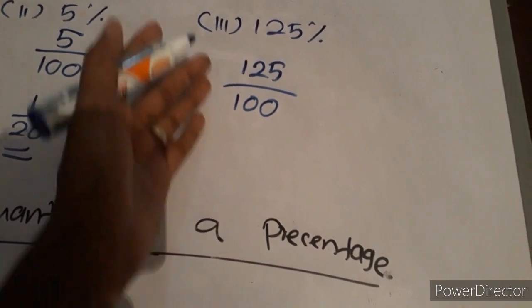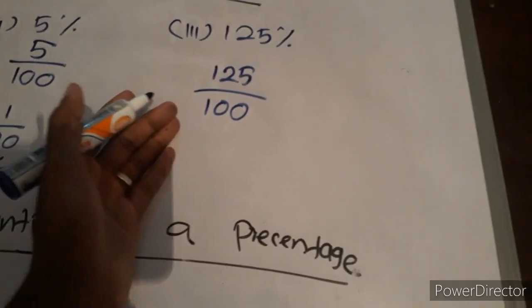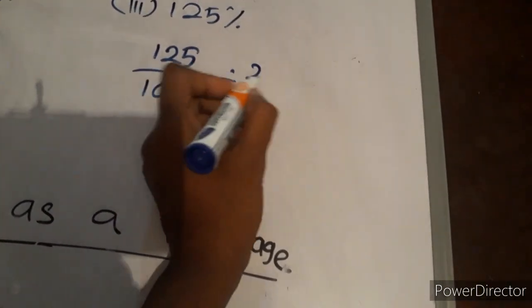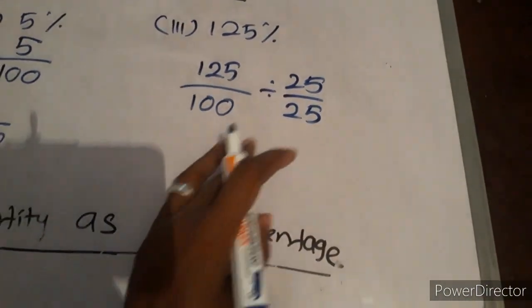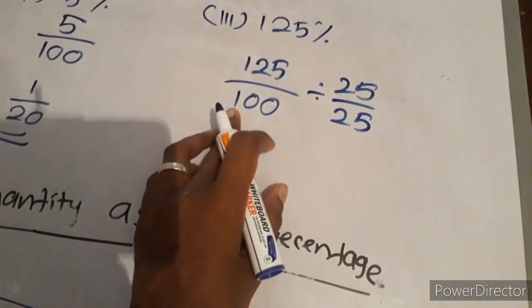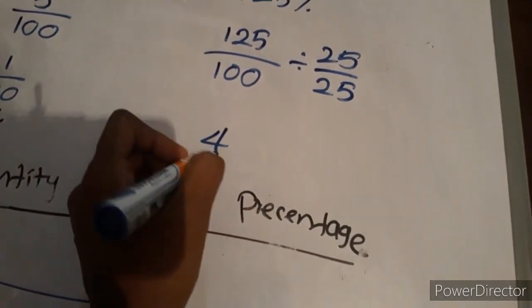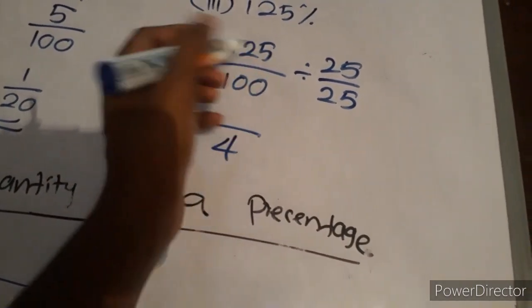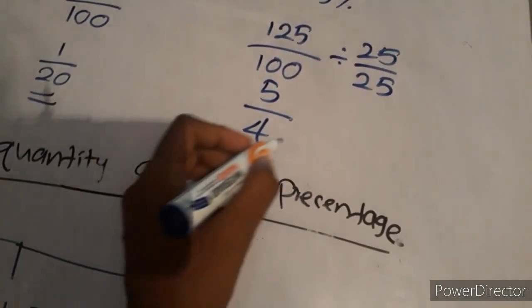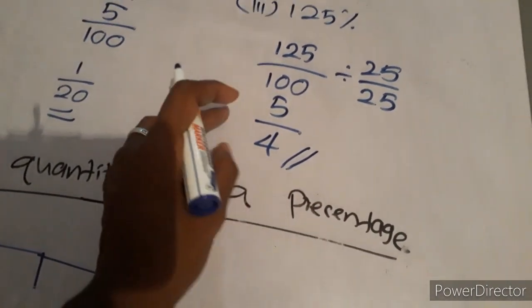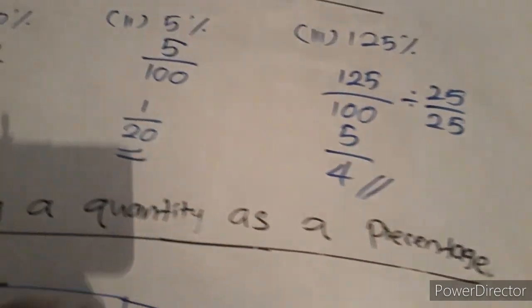We can divide both the numerator and the denominator by 25. For 100 it has 4 25s, and for 125 it has 5 25s. So the answer becomes 5 upon 4.